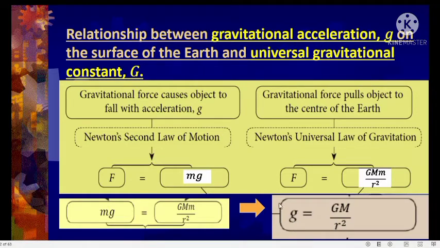Meaning, from this formula, the value of gravitational acceleration just depends on the distance between the centers of the two objects squared, because the values of G and capital M are constant. G is the universal constant, and M is the mass of the Earth, which is also constant.